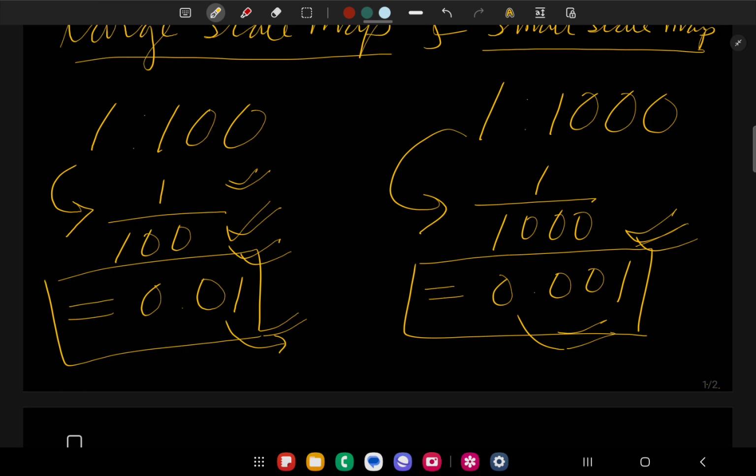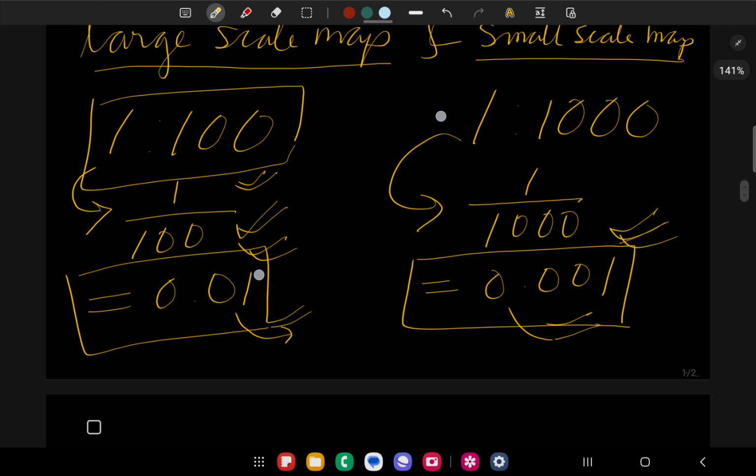So when they give 2 scales and ask you to find out which one is a large scale map and which one is a small scale map, just take a ratio between those two and find out which one is smaller and which one is bigger. The larger value will always give you the large scale map, and the smaller value will always give you the small scale map.